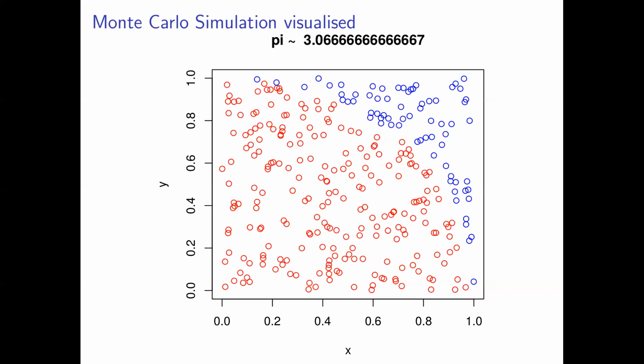Using another 200 points, we now get an approximation which is quite worse, 3.066.